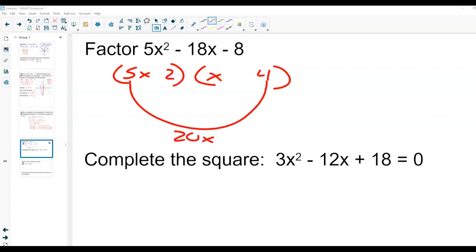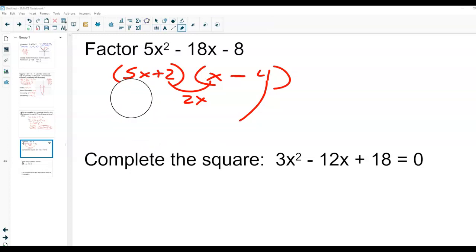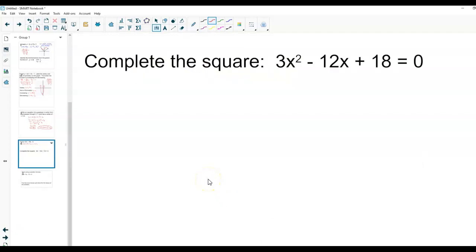My middle term of 20x and 2x, can I make that equal -18? I certainly can by making my 20 negative. So it's a -4 and a +2. So that is literally how we're going to factor. And there's your answer.